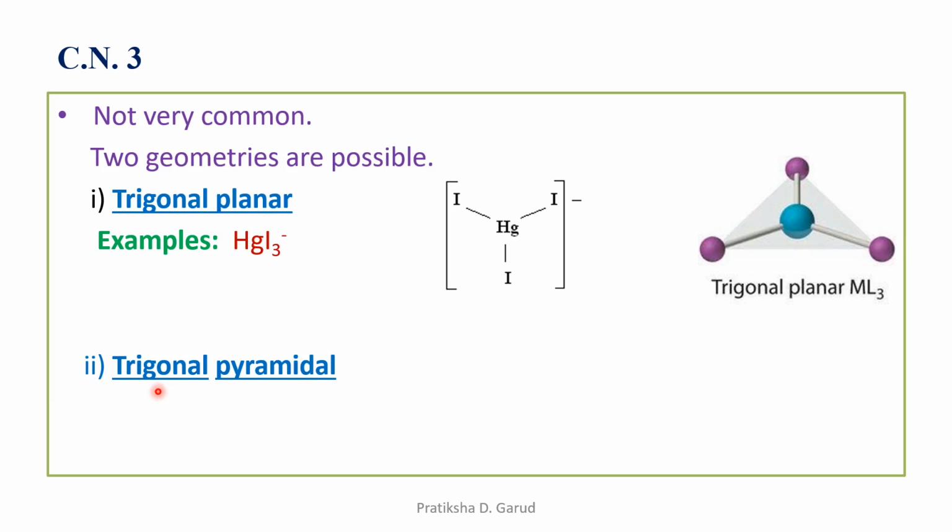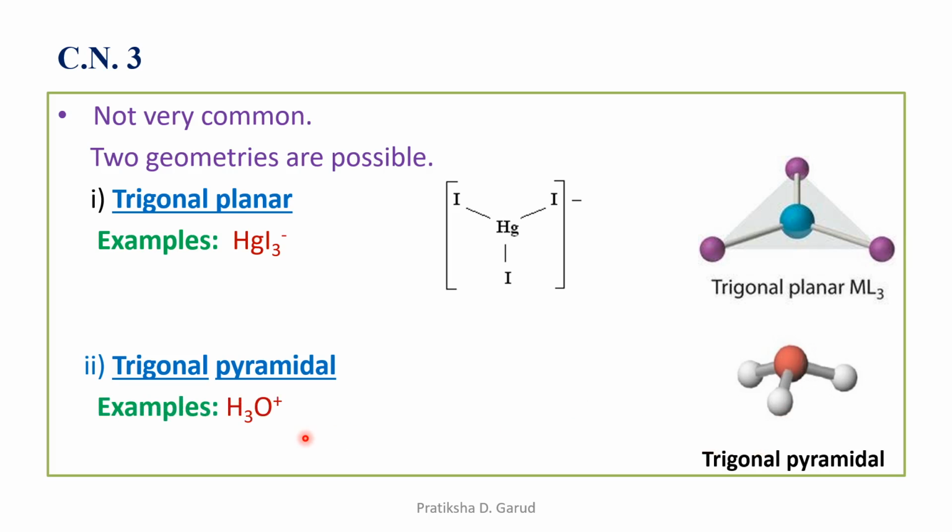That means the 3 ligands are arranged in a pyramidal fashion like this. It is called a trigonal pyramidal, and its example is H3O+, which is known as the hydronium ion. So the hydronium ion is like this: at the center we have the oxygen, which is attached to 3 hydrogens, with the plus charge. So this is trigonal pyramidal.